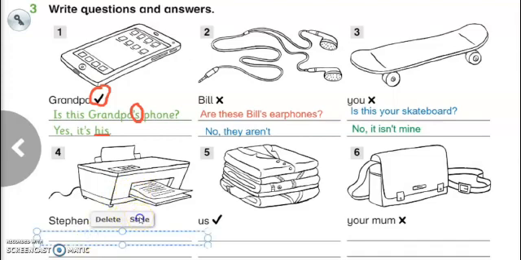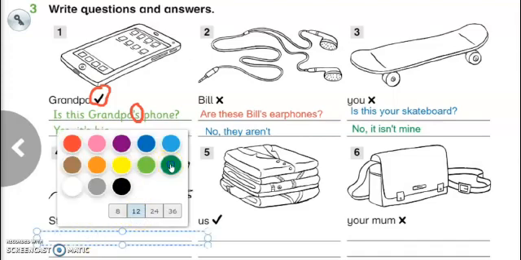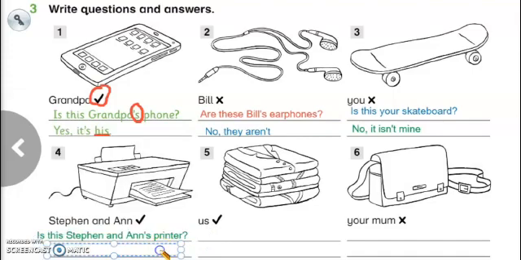Here we have to use the possessive s. And you have to answer with yes because we have a tick. Yes, it is theirs. Here we use theirs because we are talking about Stephen and Anne.